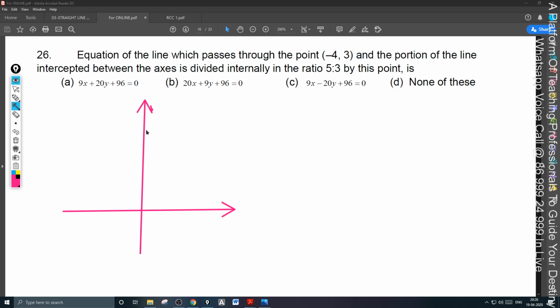Now, there is a point (minus 4, 3) here. The portion of the line intercepted with the axes is divided internally in the ratio 5:3. This is the line, and the point is going to be (minus 4, 3), somewhere here. This is P, let me say, (minus 4, 3).